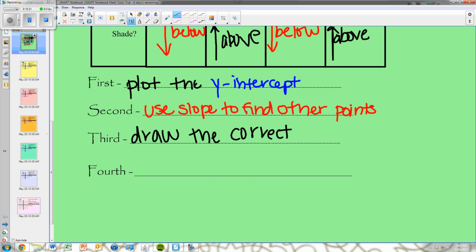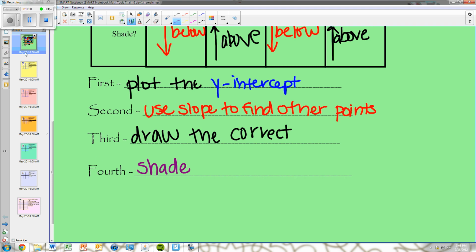And the fourth thing that we do when we graph our inequalities is we are going to shade. Our fourth step and our last step is always to shade.